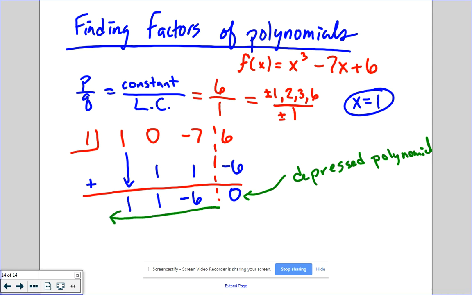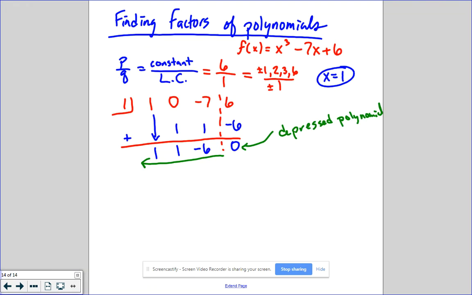What's that -6 then? Constant. What's 1? And the second one? X squared. So what I have left is x squared plus x minus 6 equals 0. Well, is that a quadratic we can fairly easily solve?